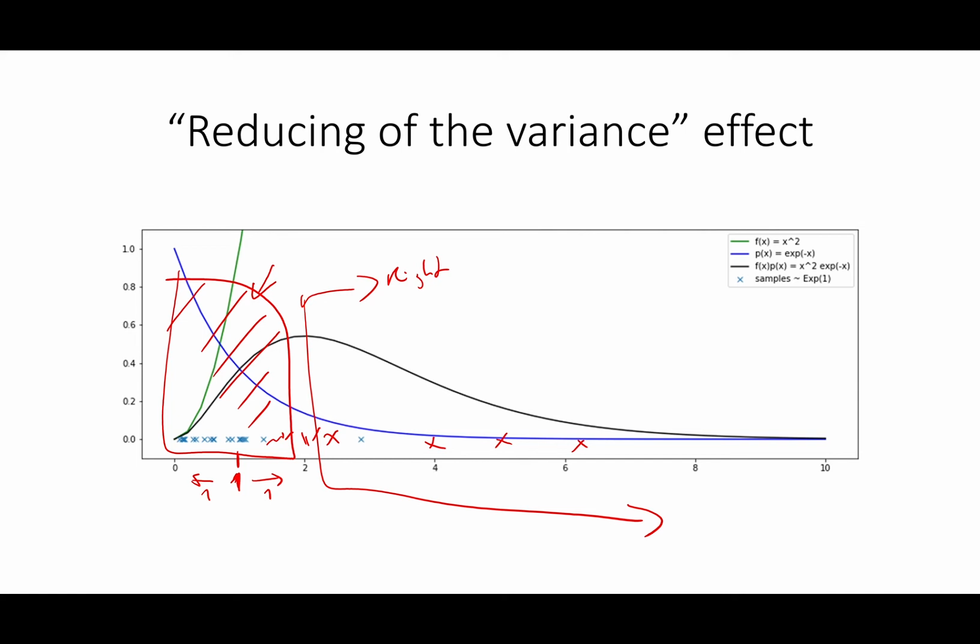And the green line here, it goes really fast up. Because we are sampling in this rectangle on the left, we are not really giving the opportunity for the green line to show its force, because here the green line is really low, and if we sample and plug it into the green line, it's like 0.4, 0.6.